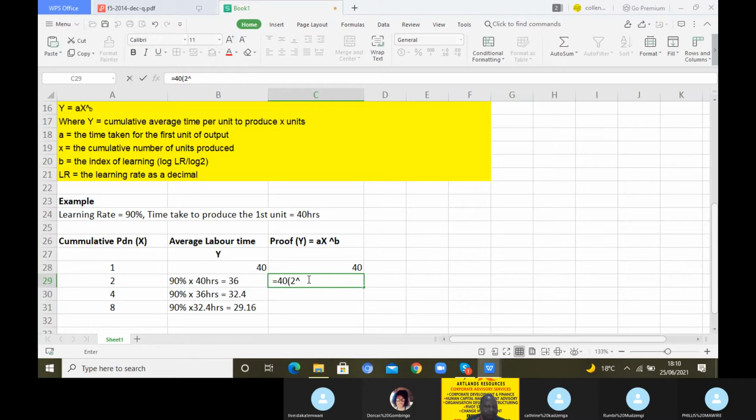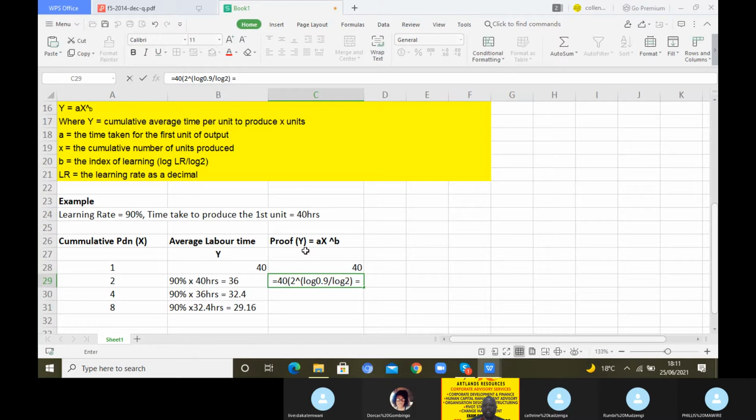How do you calculate B? B is the logarithm of learning rate over logarithm of 2. So it's to the power, open bracket, log 0.9 divided by log 2. Always put the learning rate as a decimal.